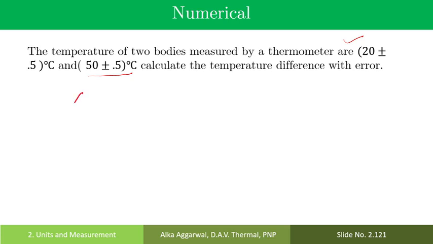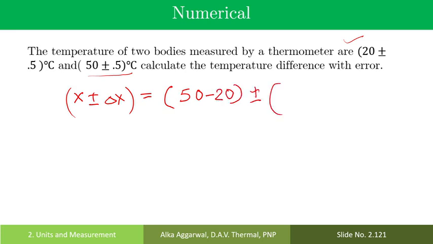So X is the result, delta X is the error in the result. Here the operation is a subtraction. We have to find out the temperature difference. 50 minus 20 plus minus error, which is the sum of the absolute errors.